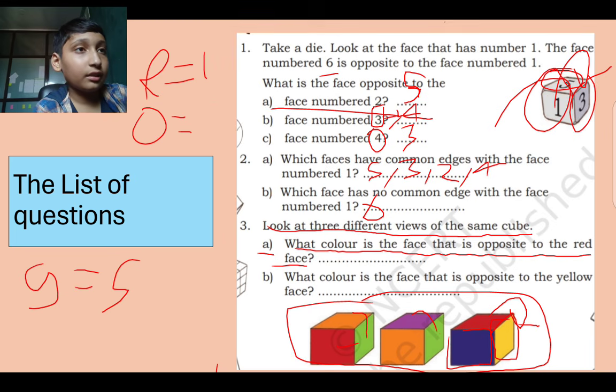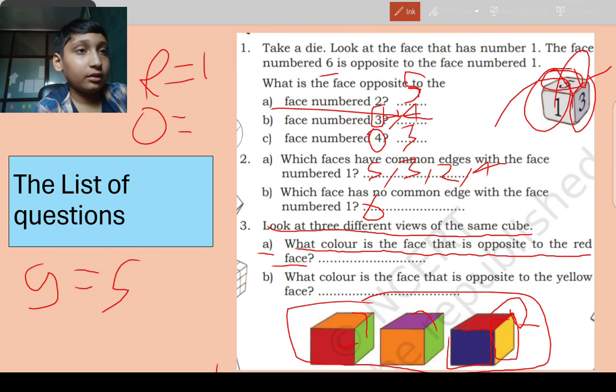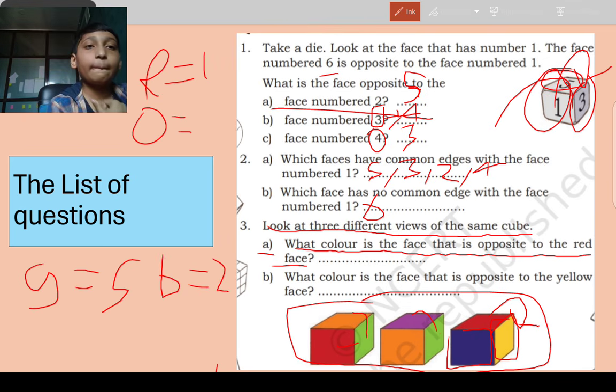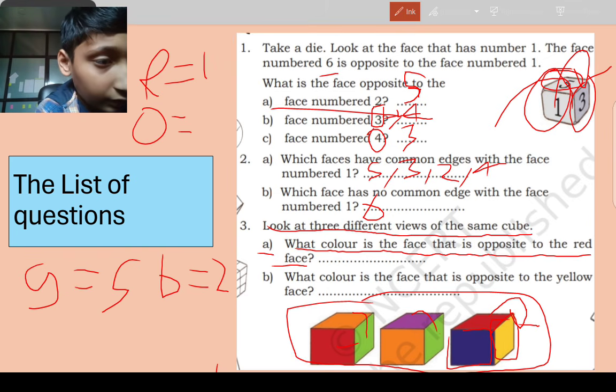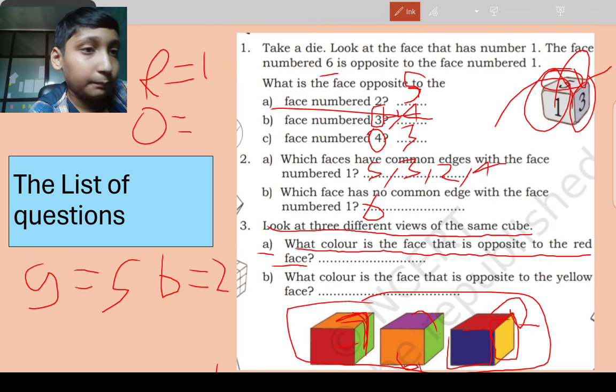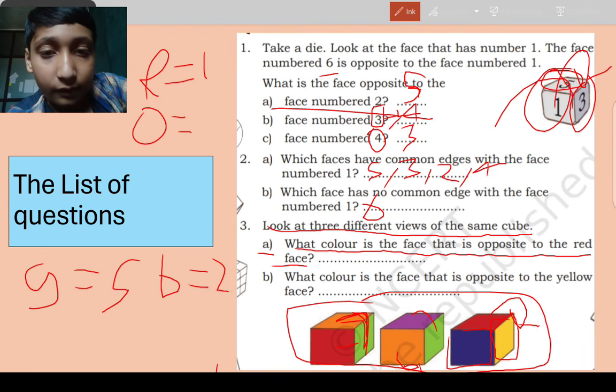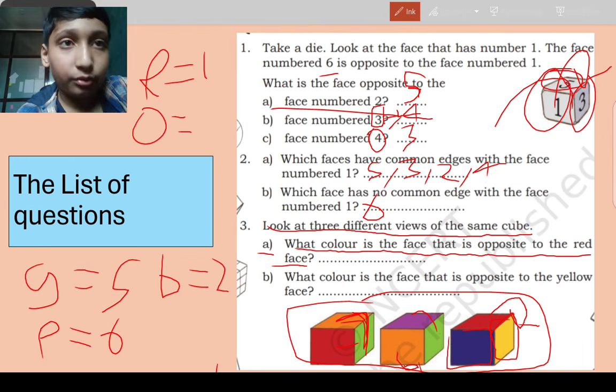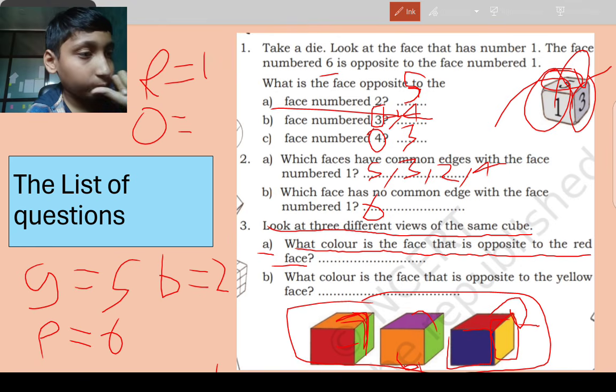So we will find that later. So that means that blue is 2. Then let's assume that purple is 6, because this red face is actually here because it has a boundary with these 2. So it's purple. Means purple is equal to 6. So its opposite is that.